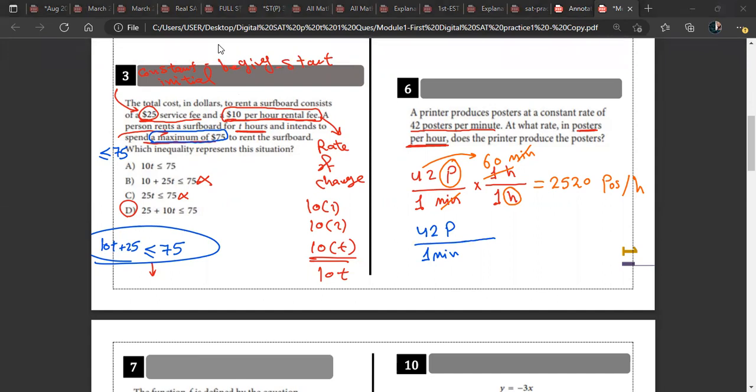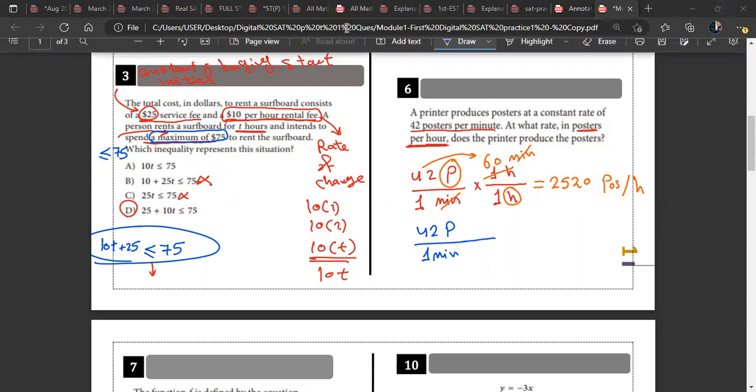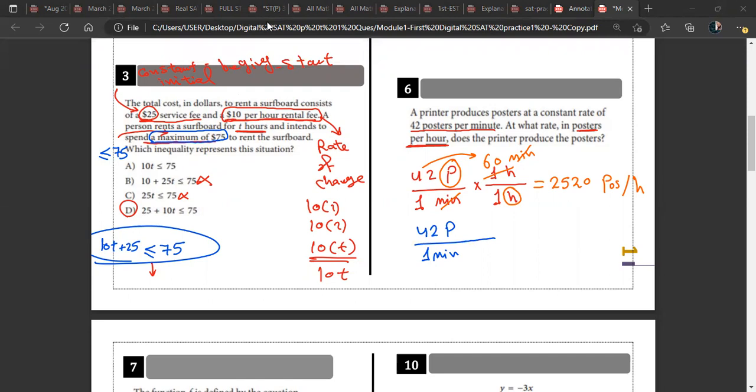You said multiply. I didn't know your name. Okay, I want to call your name, but I don't know it. So when you convert from a small unit to a large or greater unit, we divide.